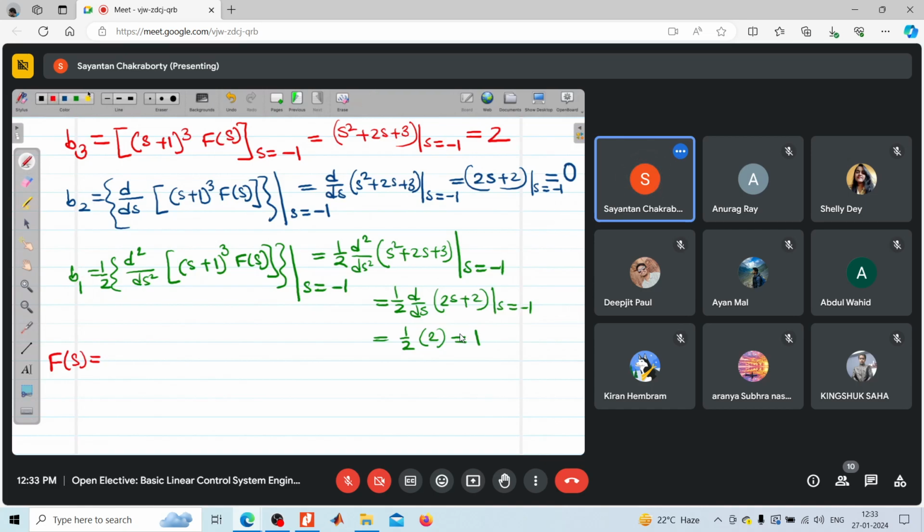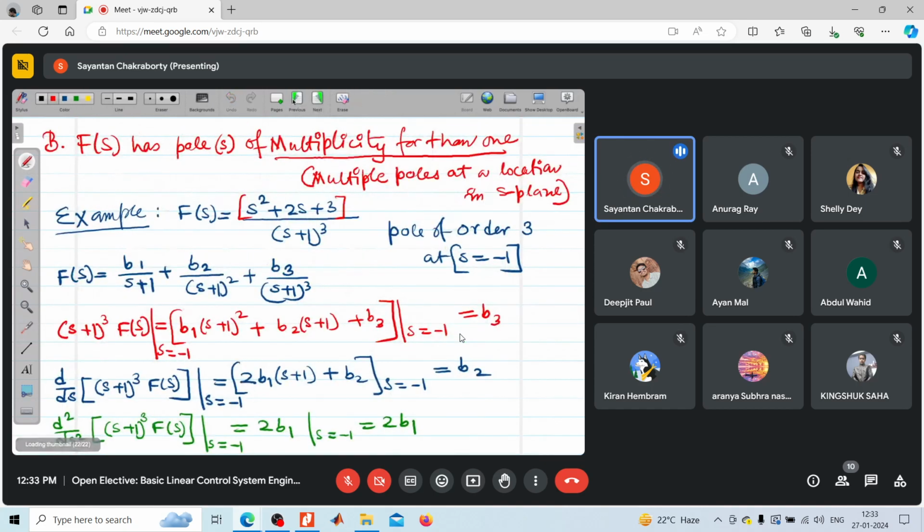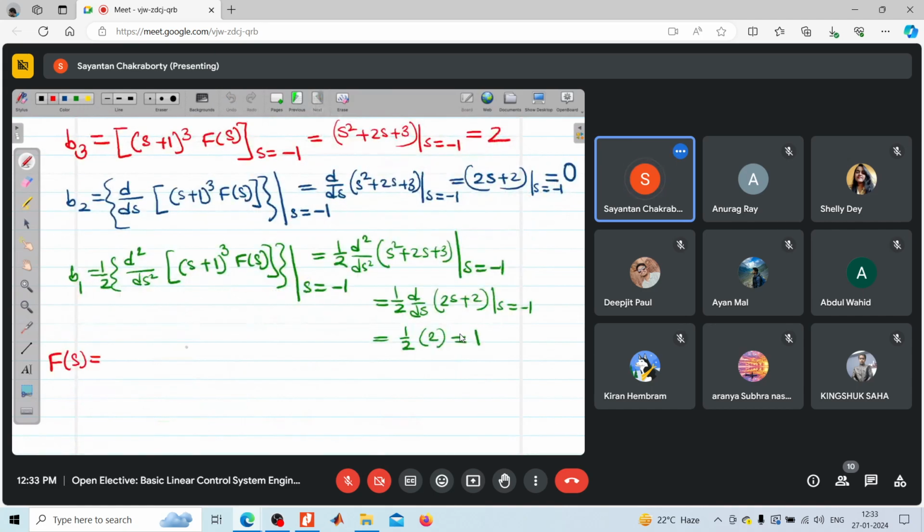So your Fs is B1 by S plus 1. What is B1? 1. So 1 by S plus 1 plus B2 by S plus 1 whole square, there will be 0, plus 2 by S plus 1 whole cube.